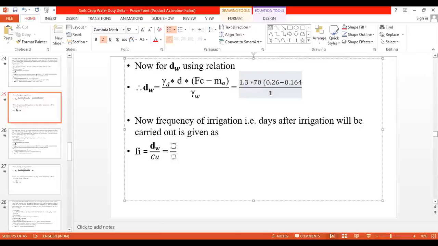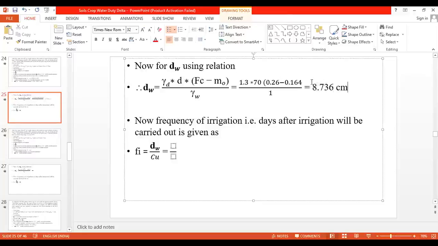So get the magnitude: 1.3 into 70 into 0.26 minus 0.164. That is equal to 8.736 centimeters.